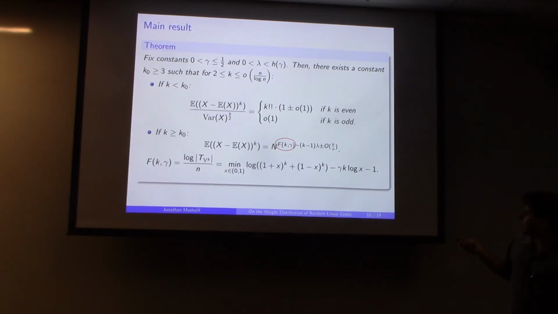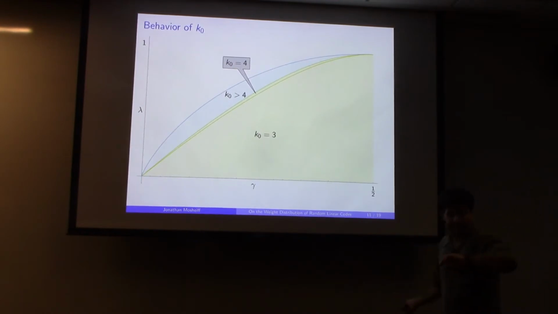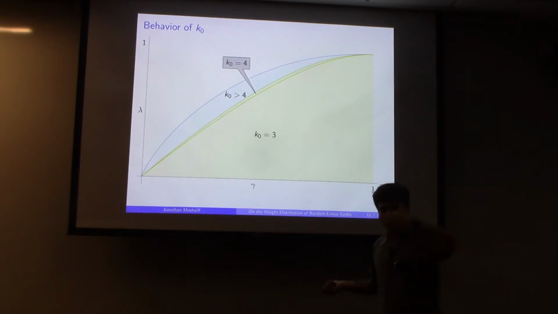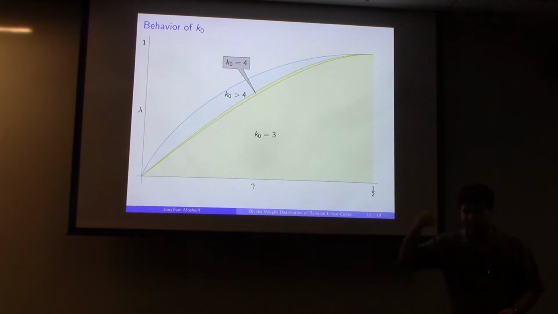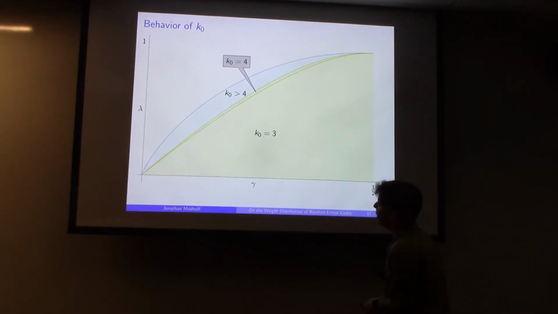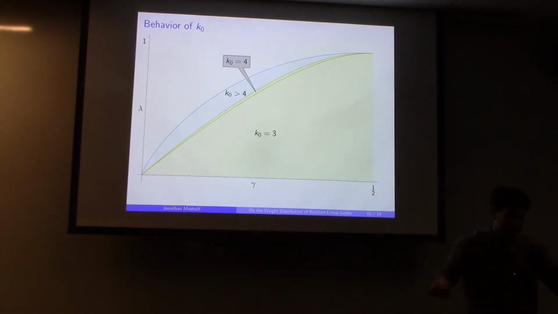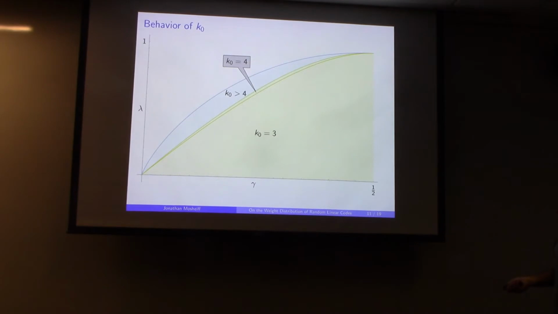So this is our main result. I said that we have this k0, which is the threshold: up to k0 we have behavior similar to a normal distribution, and after k0 the moments start growing much quicker. How does this k0 actually behave?